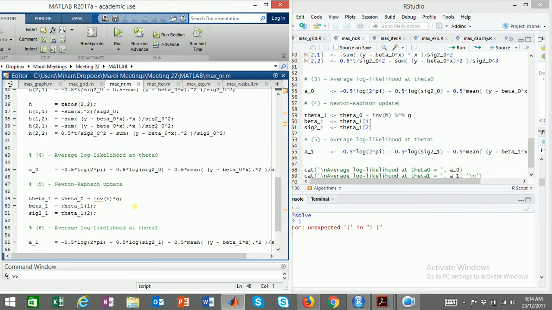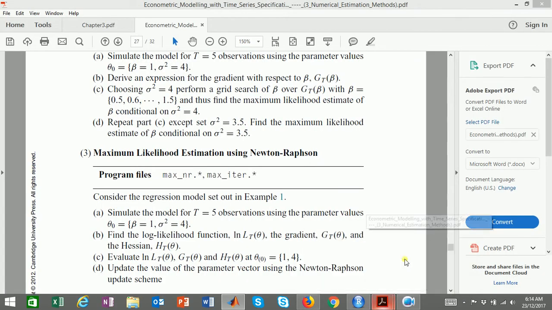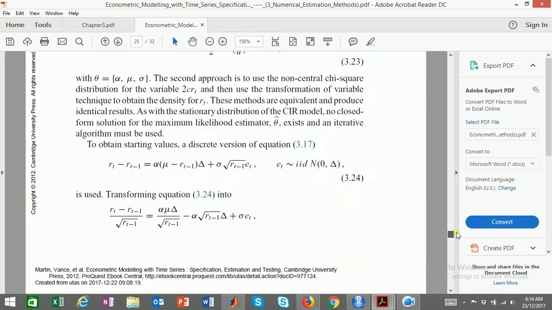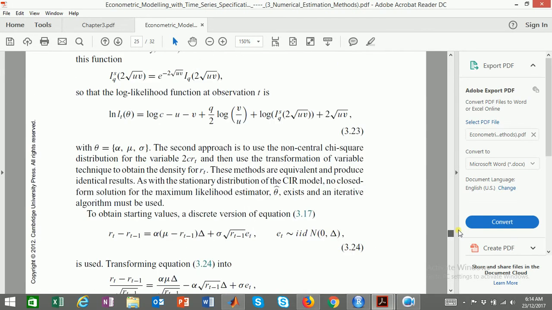Newton-Raphson update, because dividing h by g reduces the dimension of the matrix under discussion. So dimension control is very important, and we have studied it today.